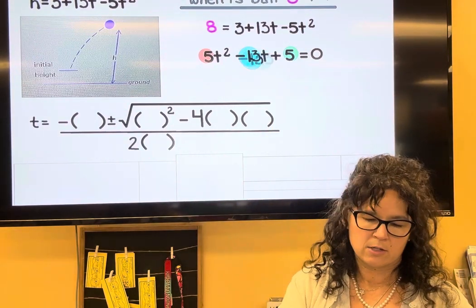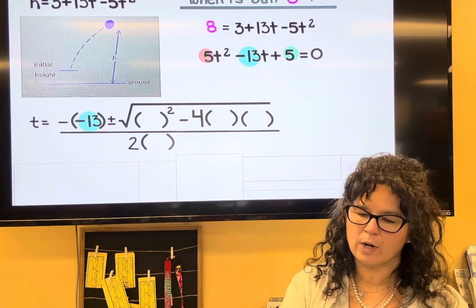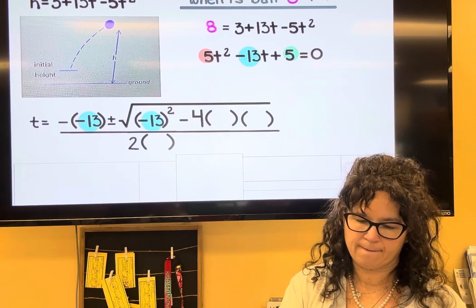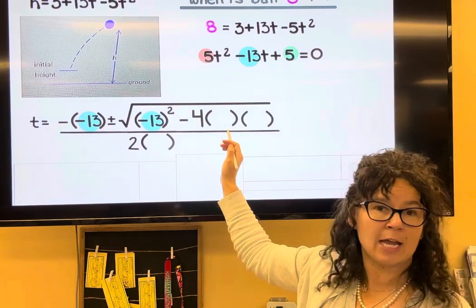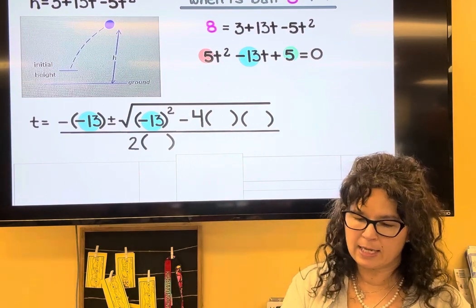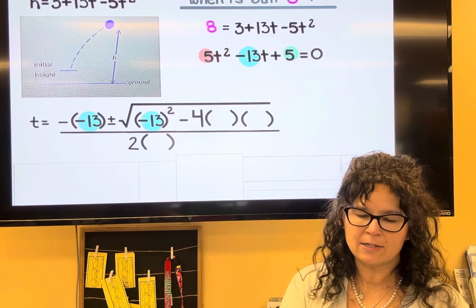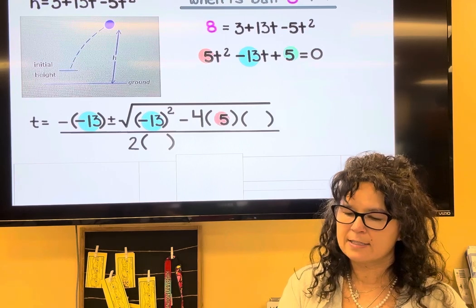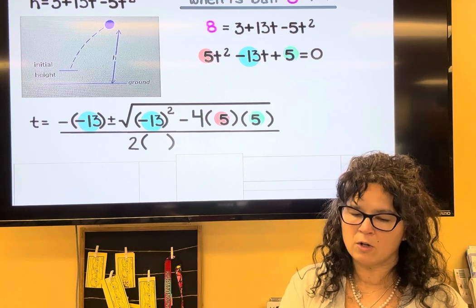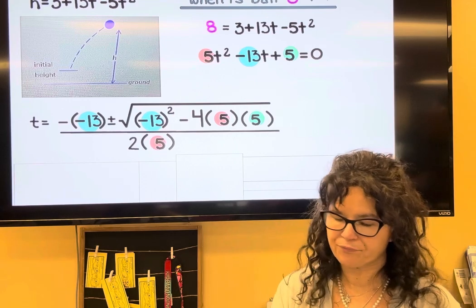Notice good notation: every place there used to be a letter in the quadratic formula, I put in a set of parentheses. Negative b, plus or minus the square root of b squared, minus 4a, so that's the 5, times c, which is this negative 3 here, all over 2a.